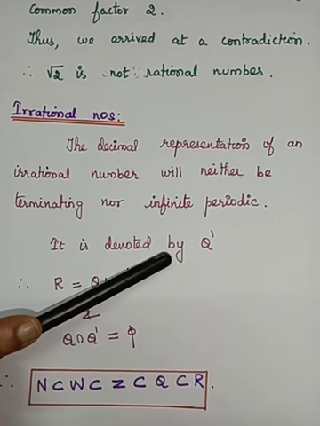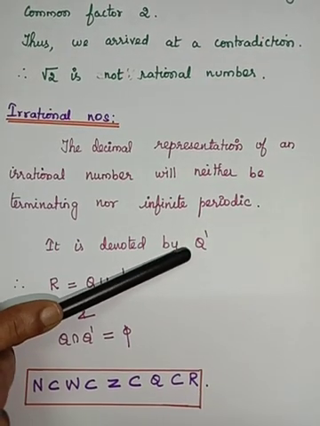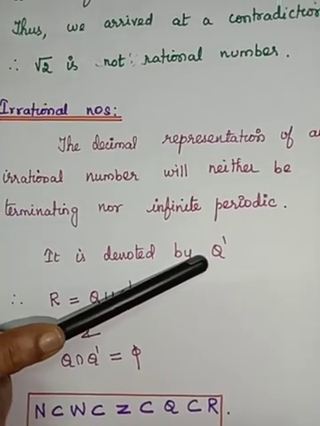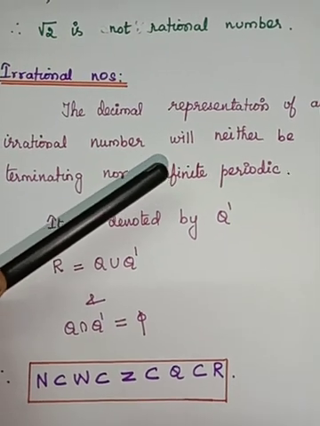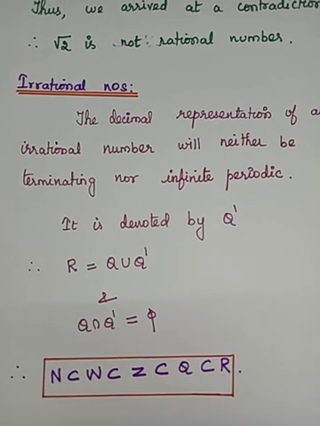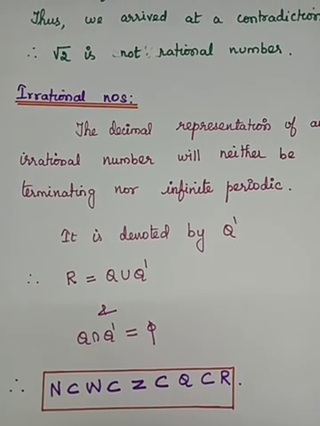It is denoted by the symbol Q dash. Q is a rational number. Q dash means it's an irrational number. See, yesterday I said the decimal representation of a rational number should be terminating.